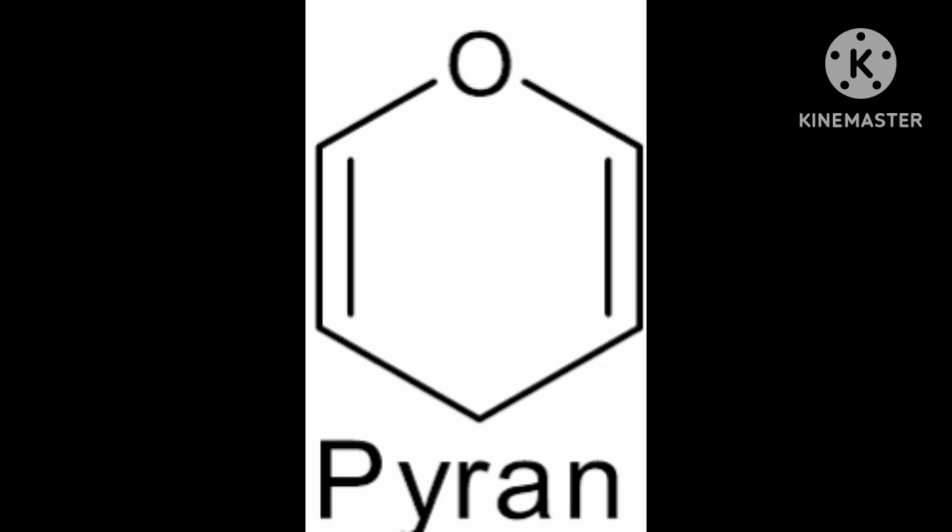Then what will be the difference between alpha and beta? That I will tell you. But first understand how these 2 structures, the open chain structure and the ring structure, are related. It is very easy. Both are in equilibrium.